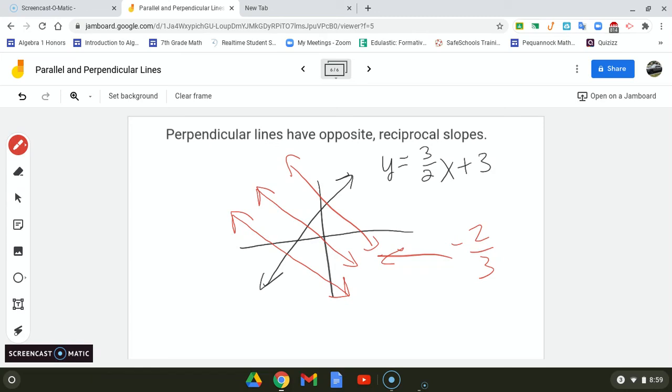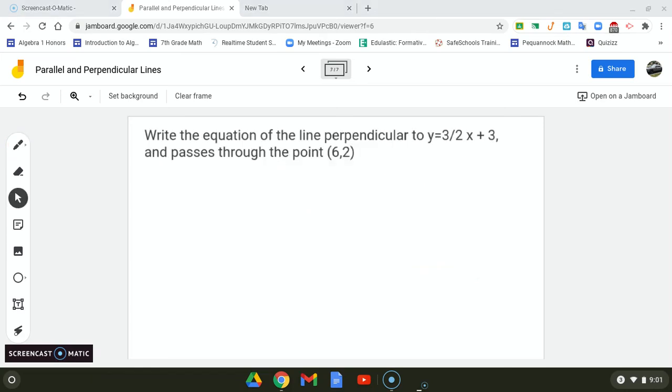Here's our perpendicular problem. So we're going to write the equation of the line perpendicular to y equals 3/2 x plus 3 and passes through the point 6, 2. Well, like we just talked about, the perpendicular line is going to have a slope that's opposite and reciprocal.